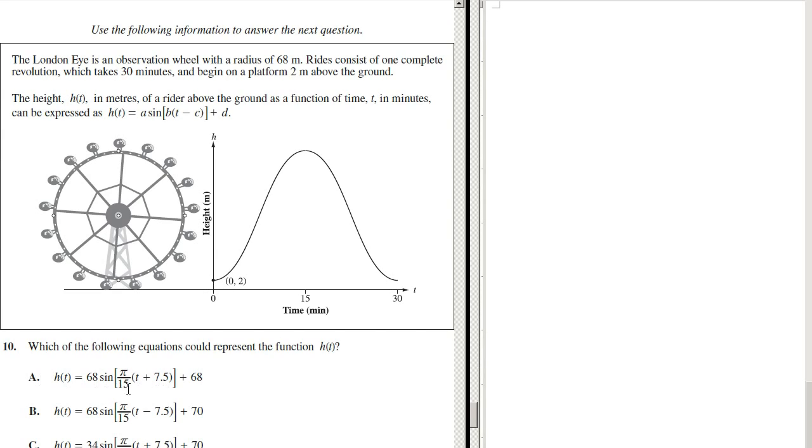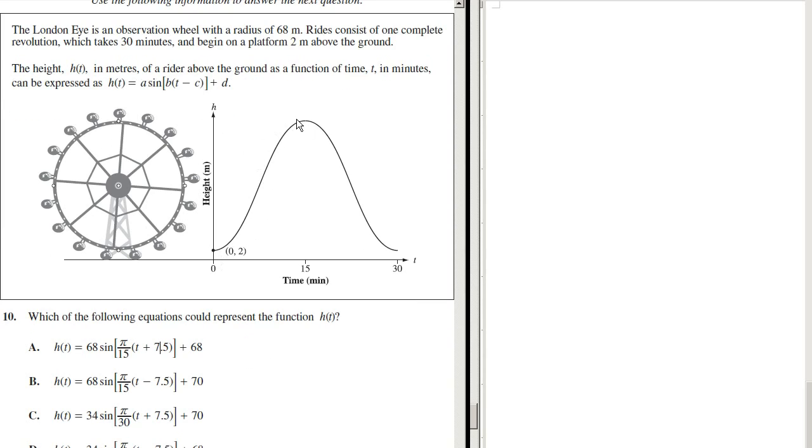And what we notice about the first equation, A, is that the sine of all this stuff in the bracket will eventually, at some point in the curve, output a minus 1. So that 68 times negative 1 is minus 68 plus 68 equals 0. And the height can't go that low. So it's not A. 136 plus 2, so it's 138 is the max height.